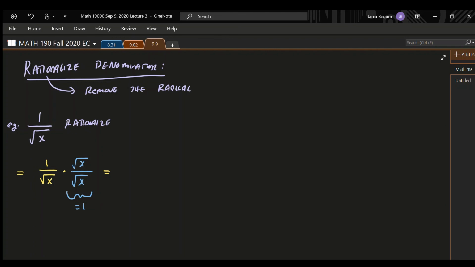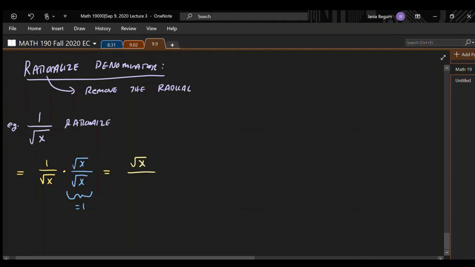So now that we do that, what do we have as a result? On top we have 1 times square root of x, that's square root of x. On the bottom we have square root of x times square root of x. Well, what does it become on the bottom? Just x, right? Not 1, just x.